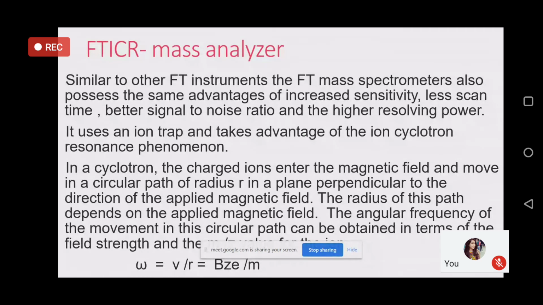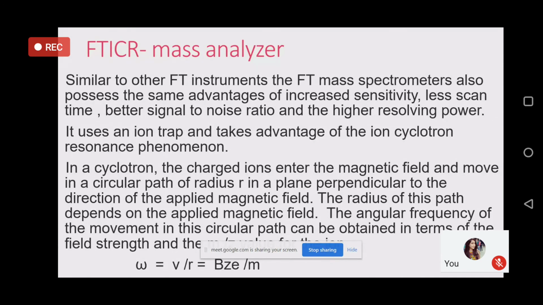For example, an IR may take several minutes to record from the lowest to the highest wavelength, whereas if you use FT, in the same time or 1/10 or 1/100th of that time, you can record a number of spectra and convert them. So one advantage is less scan time, better sensitivity and signal to noise ratio going closely with one another, and a higher resolving power, that is, separation between two adjacent wavelengths in case of FTIR.